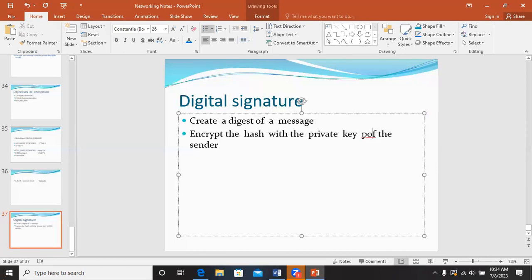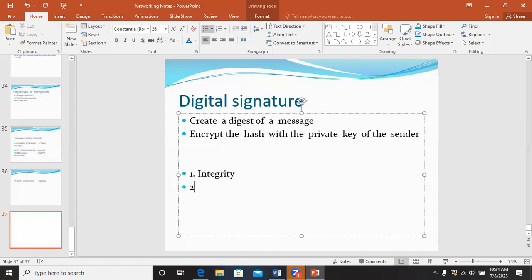So what do you achieve with digital signature? Number one, since hash is involved, we can know whether the message has been changed. So we can use digital signature to achieve integrity. Don't forget.